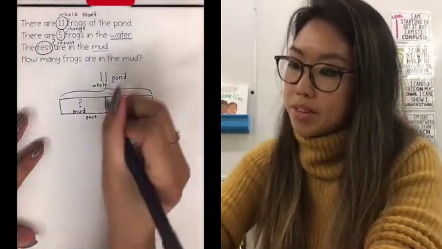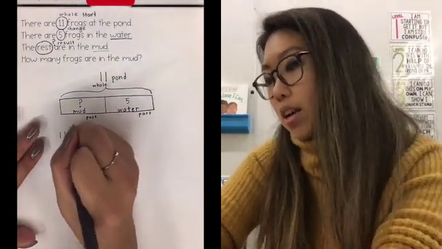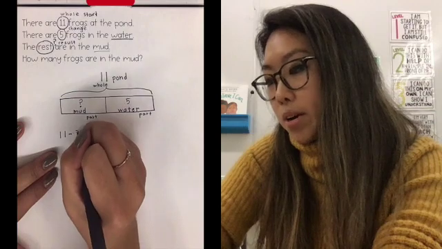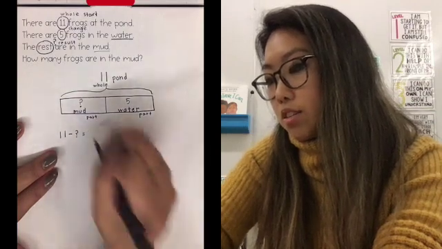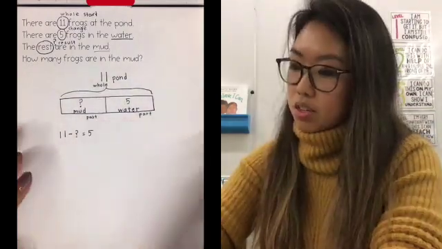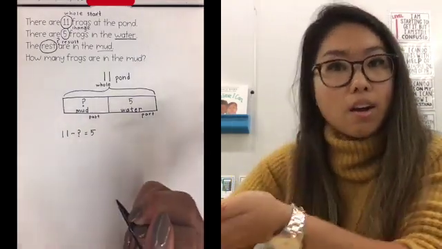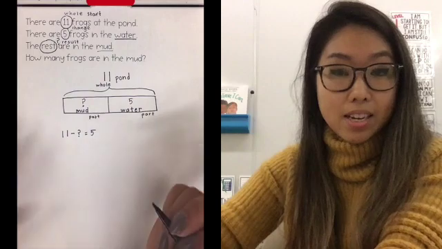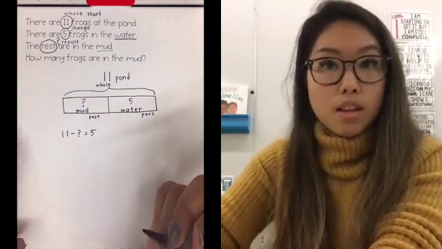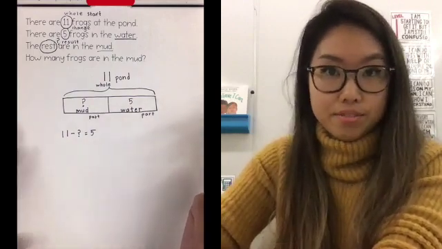So I have 11 because that's my start. And I know that I don't really know how many are in the mud, but I do know that there's 5 in the water. So now I can rewrite this equation and I can think, how can I use my fact family understanding to write different equations to find the one that makes most sense to me to solve?